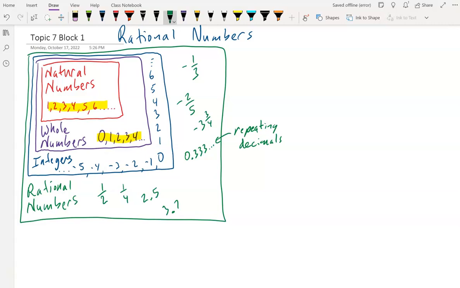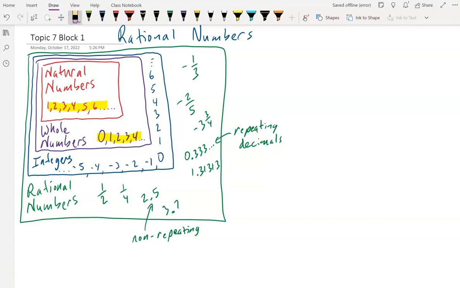Or you can have this type of decimal, which, for lack of a better term, we'll call a non-repeating decimal because it doesn't keep repeating. And when decimals repeat, it doesn't have to be the same number. It could also be like 1.313131 and so on.